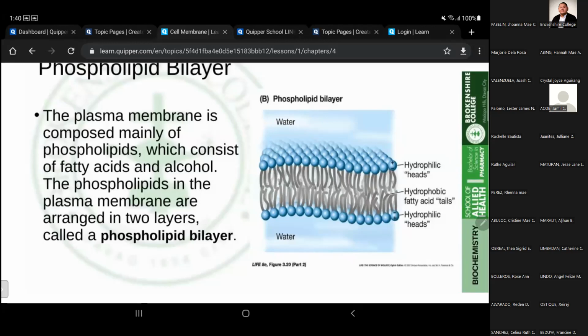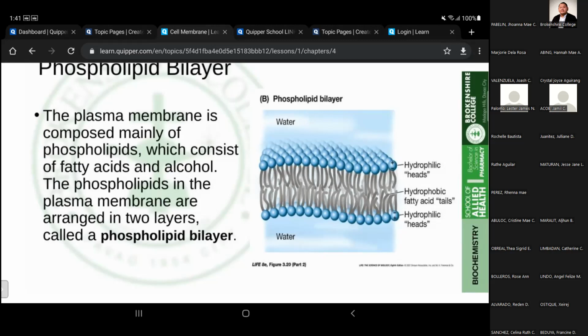Take note that the heads are hydrophilic. When we say hydrophilic, that is water loving. When we say hydrophobic, that is water hating, or in another way, they are lipophilic because they are fat loving and water hating. So that is the characteristic of your fatty acid tails and the hydrophilic head of the phosphate.